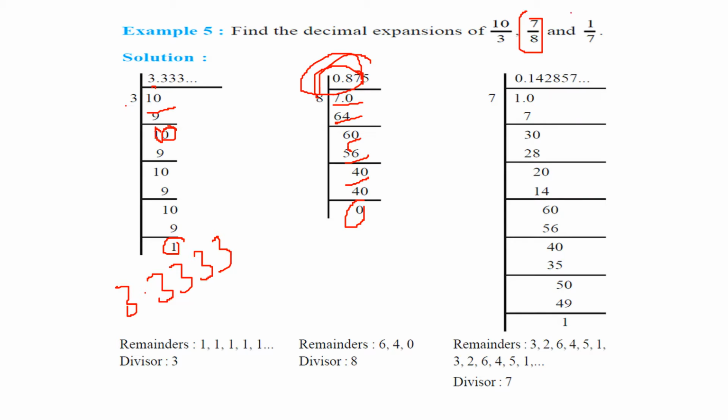Now 1 divided by 7, let us take 0 again, so I get 10, I put a point, 7 ones are 7, 3 remains, and I go on and on. So I have different numbers here, they are not recurring. 3 is repeating, 3 3 3, but these are the numbers which are repeating, but they are not recurring. The same number is not repeating like this.